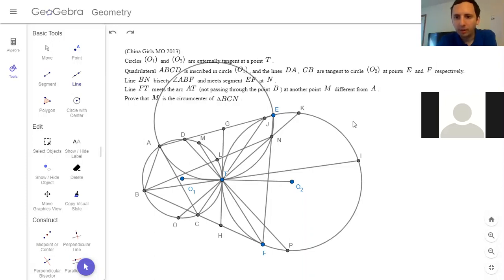Oh, okay. So MC is parallel to FJ, not EF. Yeah, we don't know MC is parallel to DO.